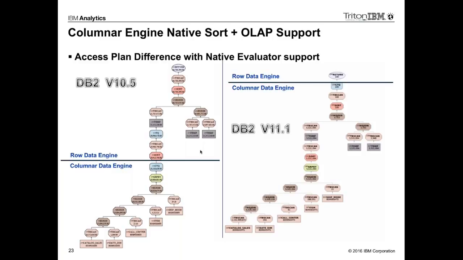BLU can run transactions, but it's nowhere near as efficient as a row-based table. So if in your DPF environment you've got a table being used for inserts, updates, and deletes through transactions, that's going to be a lot less efficient running as a columnar table. So there may be some tables that you don't want to translate into columnar tables.